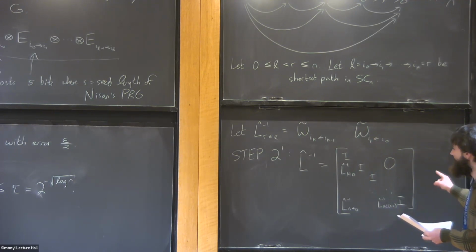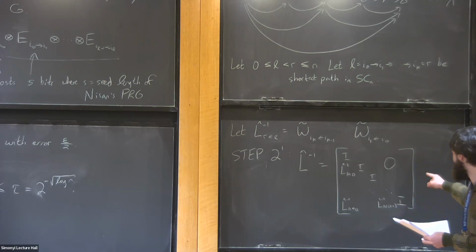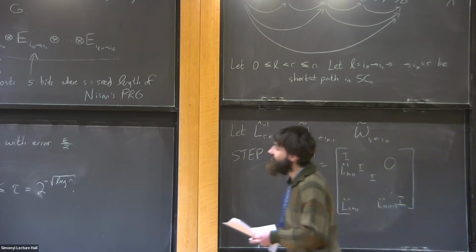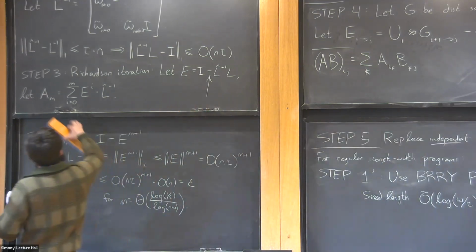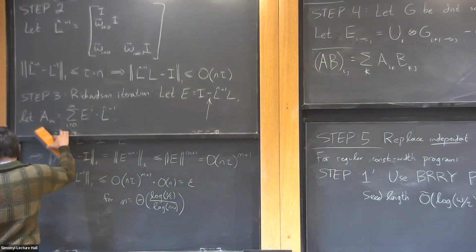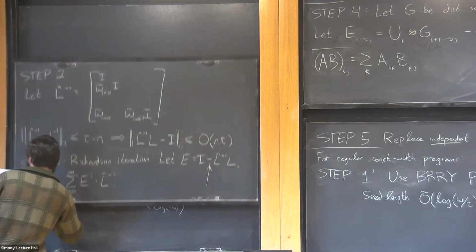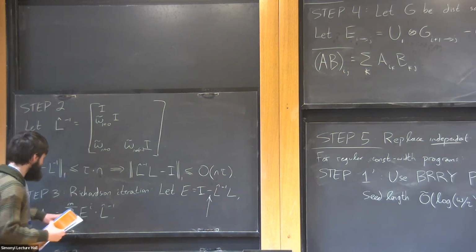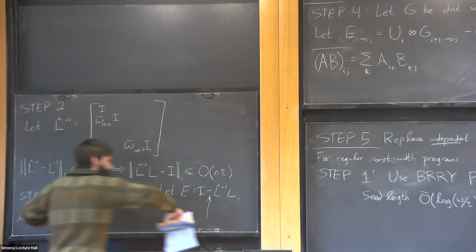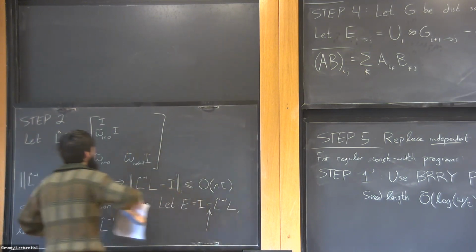But the point is that this construction kind of magically enables us to avoid paying this factor of n, replacing it by log n. I'll write down a theorem that says exactly what it's replaced by.